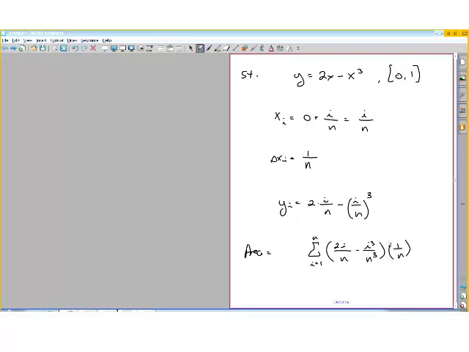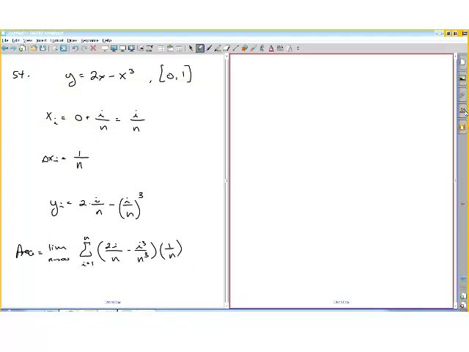The width is 1 over n. So y times delta x gives us a rectangular area. We add up all those rectangles, we get the total area. And to find the exact value, we take the limit as n goes to infinity. If we use anything less than infinity, we get an approximate solution. But when we let n go to infinity, we have the limiting process, which allows us to get the exact value.